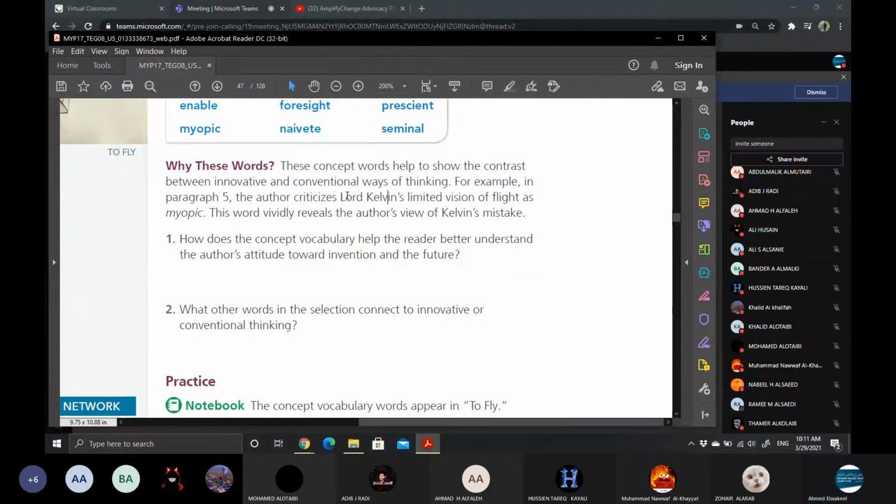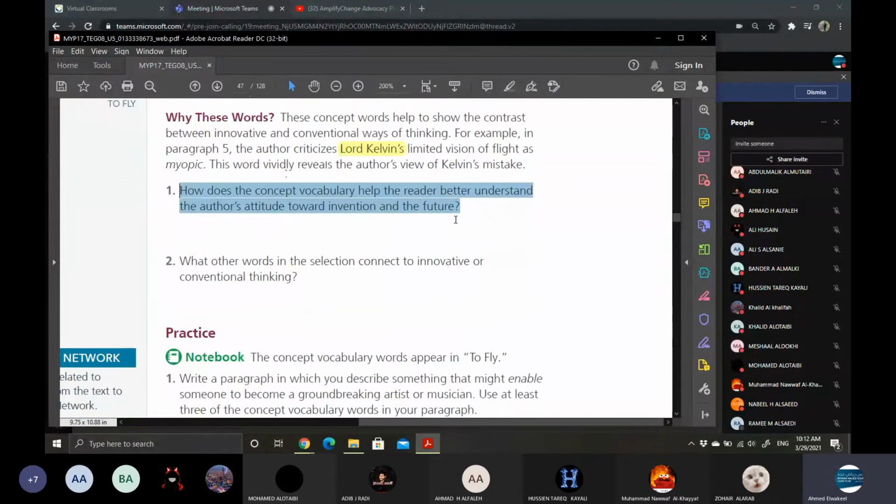Lord Kelvin was a physicist and he thought that no object heavier than air can fly. Of course, that was very wrong because all of the birds we have can fly and all of them are heavier than air. So the author criticizes Lord Kelvin's limited vision of flight as myopic.